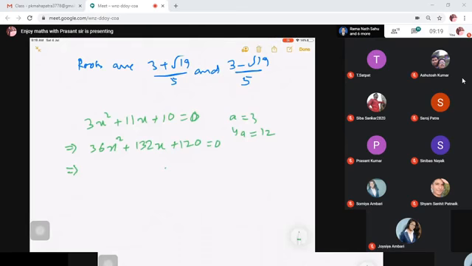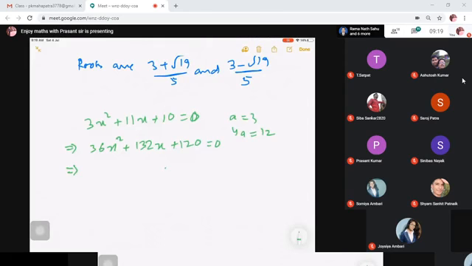So plus 11 square minus 11 square plus 120 equal to 0. That means 6x plus 11 whole square minus 11 square plus 120 equal to 0.